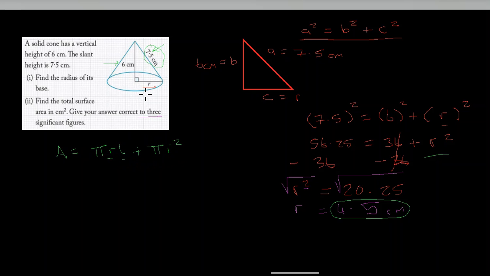Okay, so we have everything that we need in order to use this formula. So this is going to be equal to pi times r, which is 4.5, times the length, which is 7.5, plus pi times the radius, which is 4.5, squared.